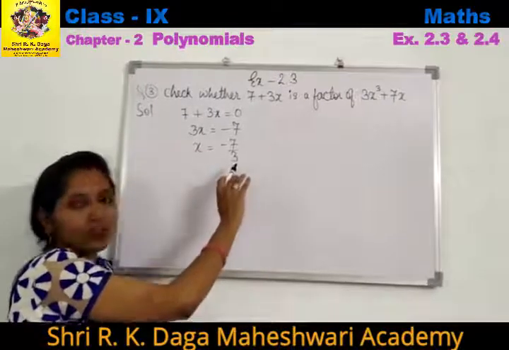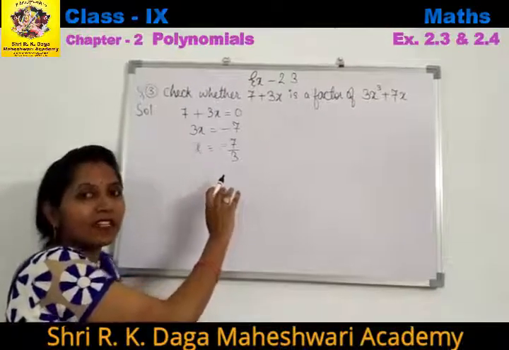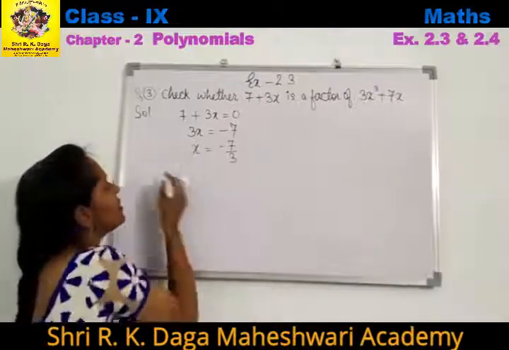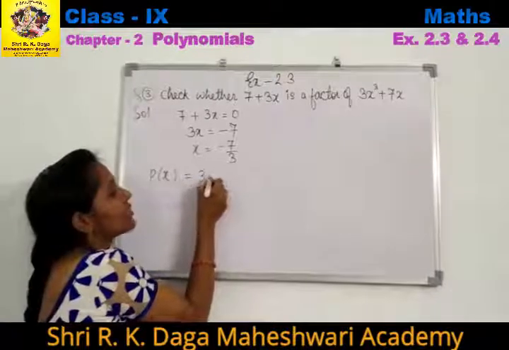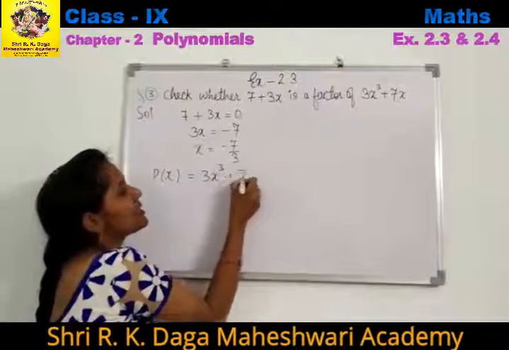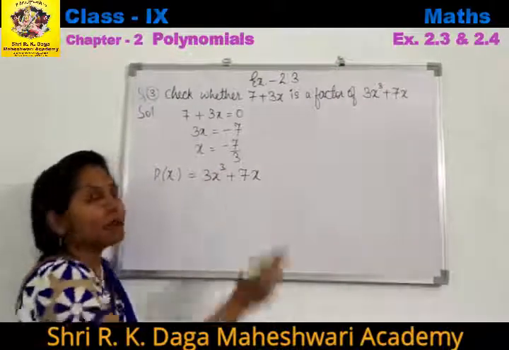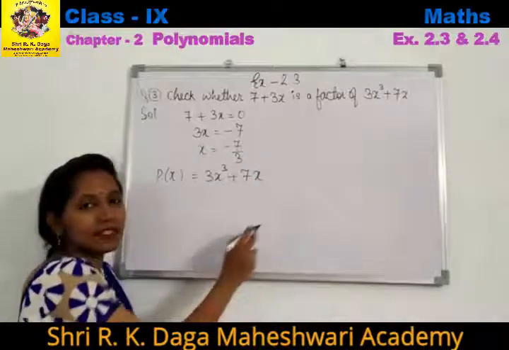When we shift this to the other side, it will be in division. Now the given polynomial is 3x cube plus 7x. Now put the value of x in this term.